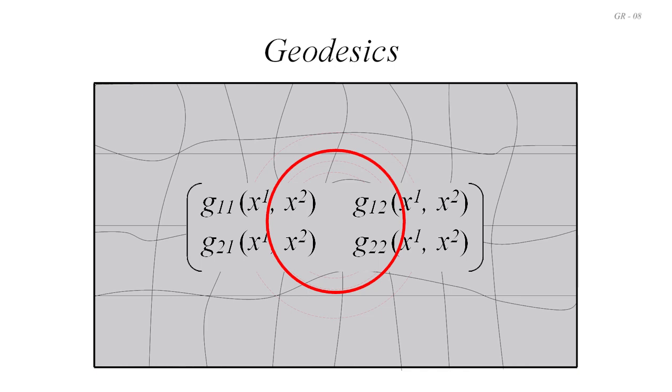Try as we may, we would not be able to find an x1 tilde and x2 tilde conversion for this region, which would make the metric tensor equal to the identity matrix. And that's because this part of the space is definitely curved and must therefore be measured using curvilinear coordinates.